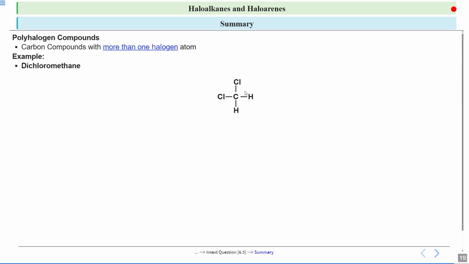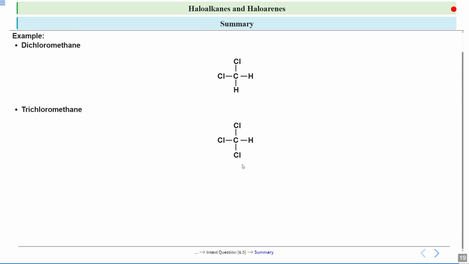We have seen its various uses and the health effects after exposure to this dichloromethane molecule. Another example of a polyhalogen compound is trichloromethane, where trichloro means 3 chlorines. So we have one carbon attached to 3 chlorine atoms and 1 hydrogen atom. More than 1 halogen atom is present, which is chlorine in this structure.